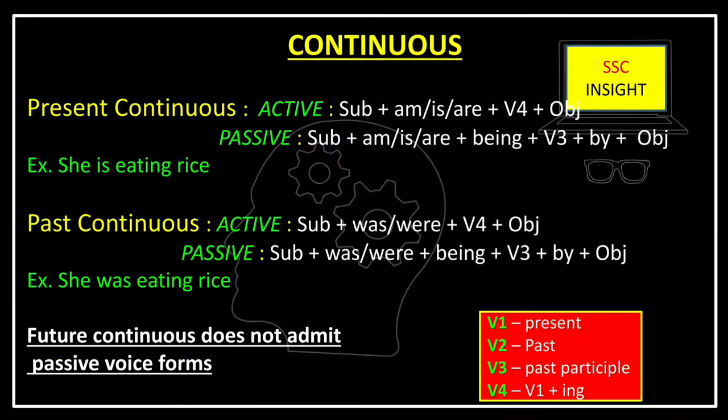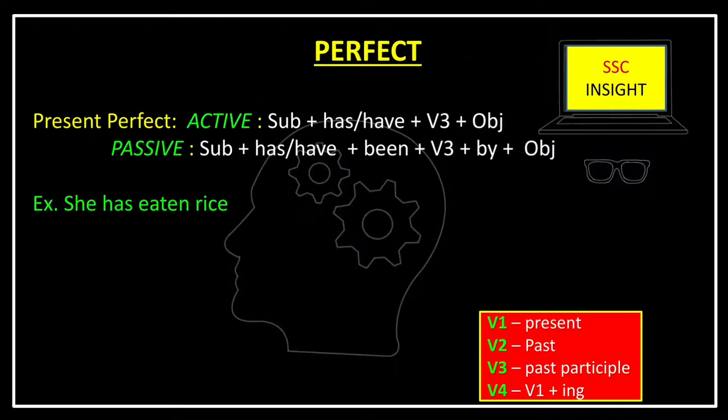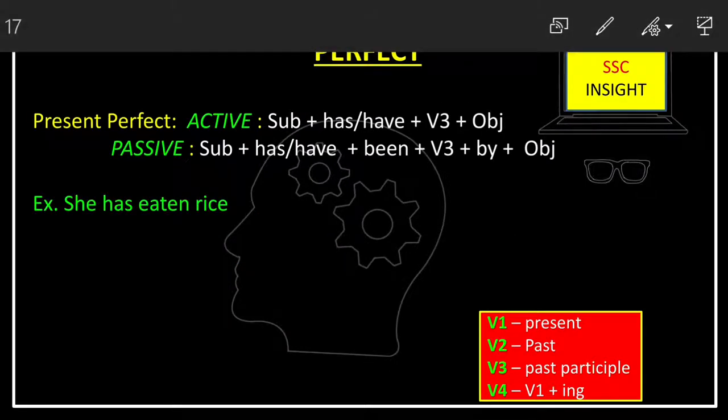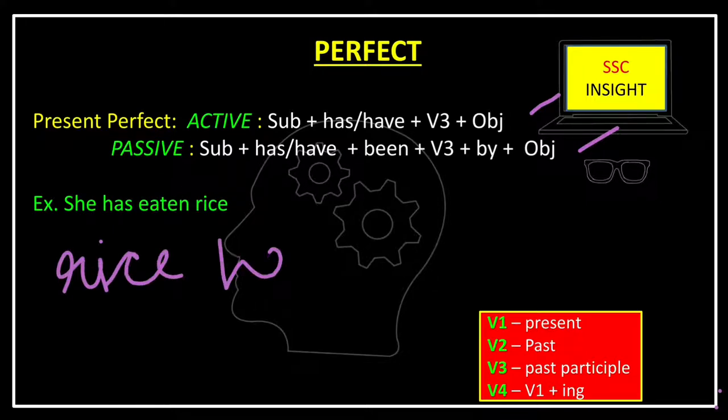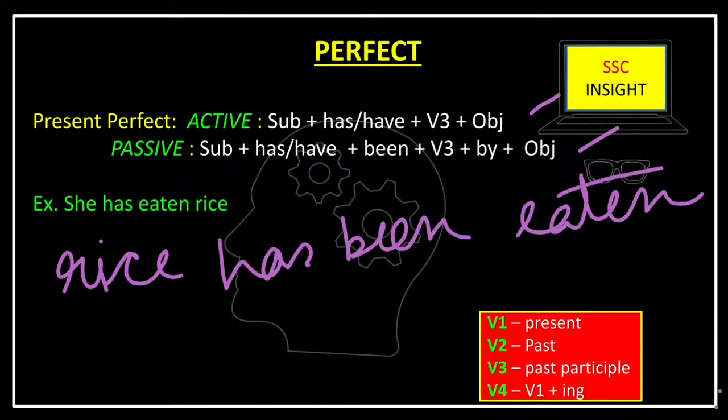Next one is perfect. In case of present perfect tense, the active and passive forms will be this, and the example is she has eaten rice. This will be rice has been eaten by her.